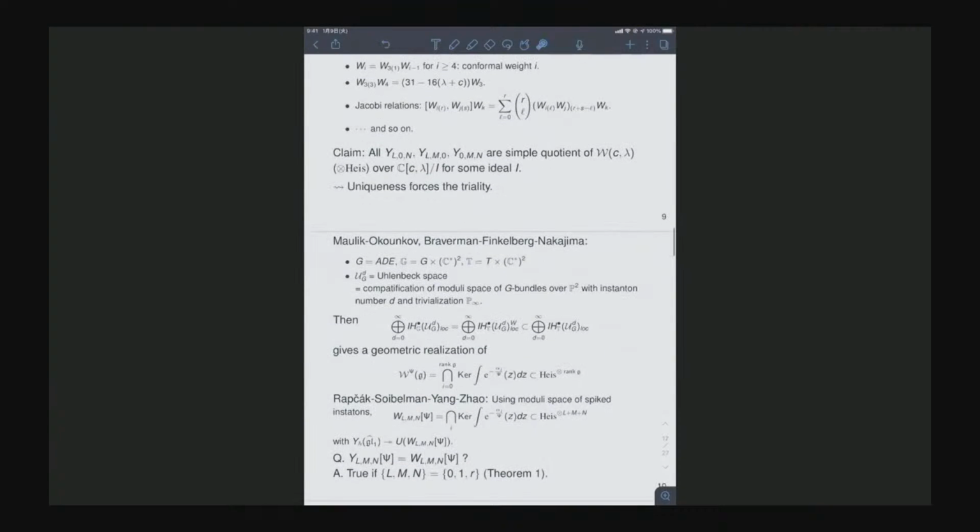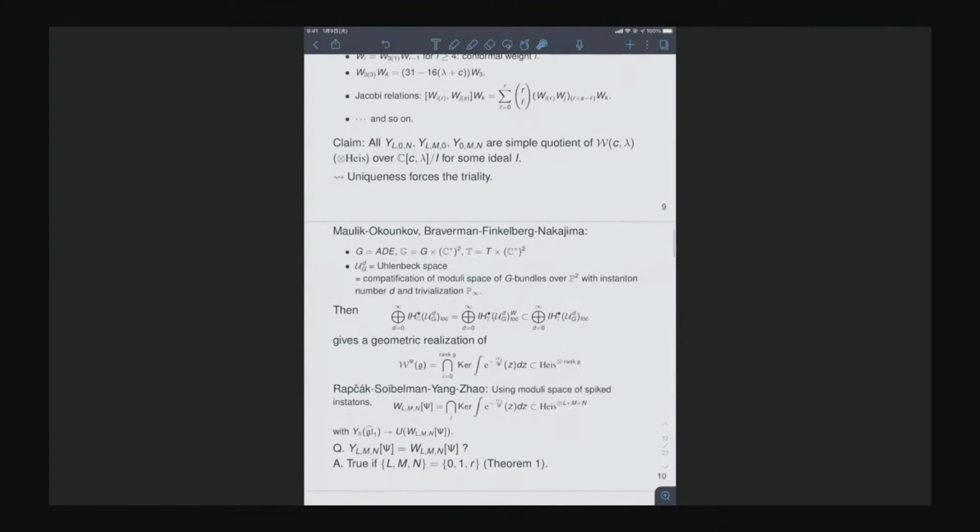On the other hand, Maulik-Okounkov and Braverman-Finkelberg-Nakajima give a different geometric realization of the principal W algebra. They consider G of ADE type, and T is just a torus. They consider U_D^G, the Uhlenbeck space, a compactification of the moduli space of G-bundles over P2 with some trivialization, and D is the instanton number.